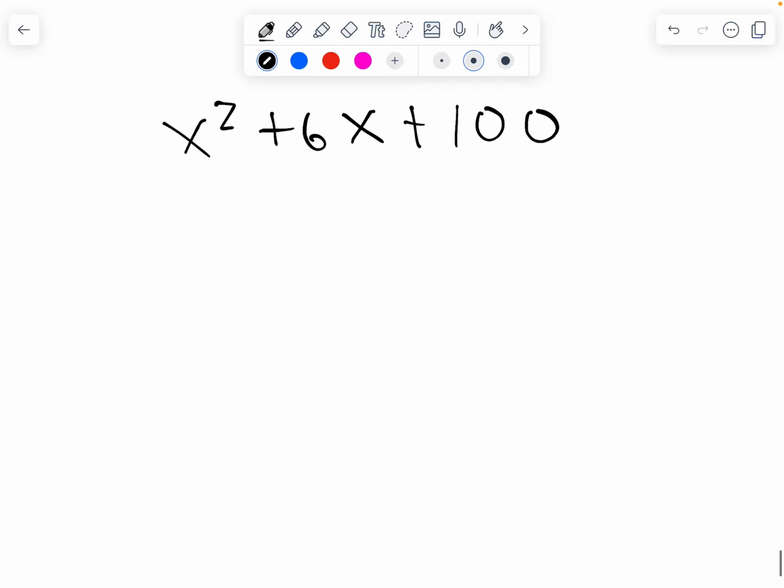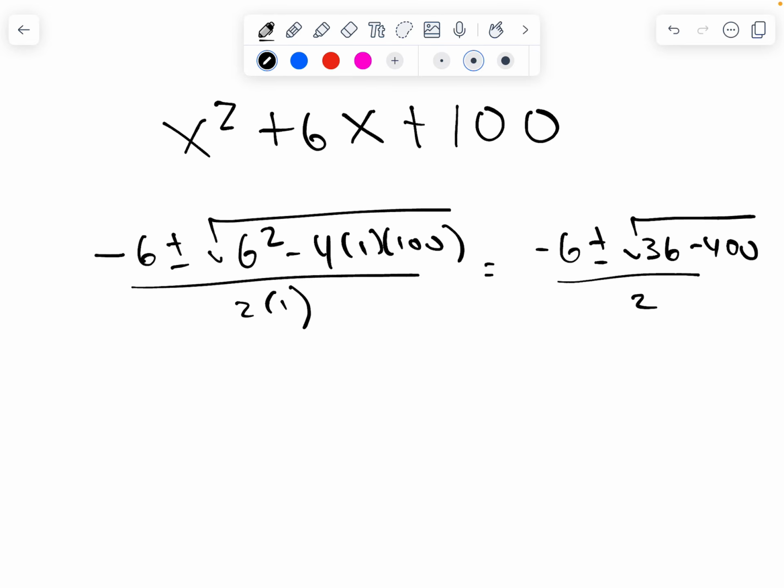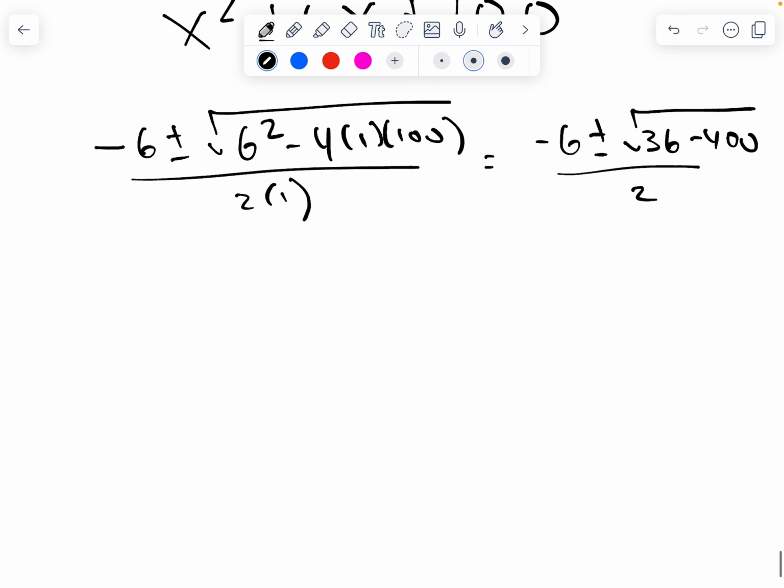Let's just see what that looks like. So if we put this in the quadratic formula, we're going to have negative 6 plus or minus the square root of b squared minus 4ac, all over 2a. And that's going to be negative 6 plus or minus the square root of 36 minus 400, all over 2. And that's going to be negative 6 plus or minus the square root of negative 364 over 2.